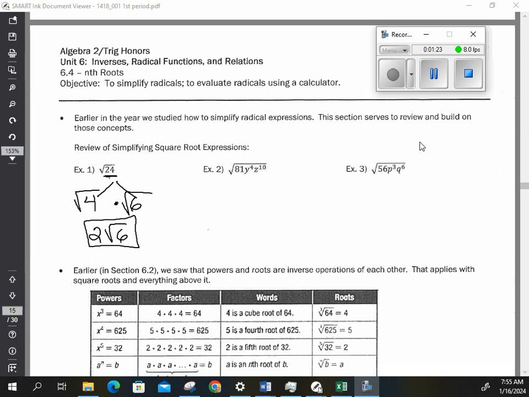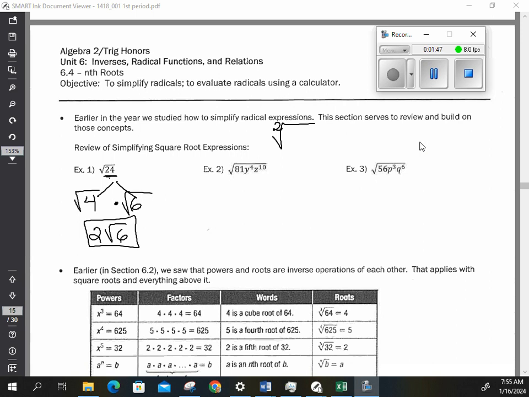Now, if you look at examples 2 and 3, we have variables included with it. When we're dealing with variables, you have to understand that since it's a square root, there's an imaginary 2 sitting outside of that radical to indicate that it is a square root.